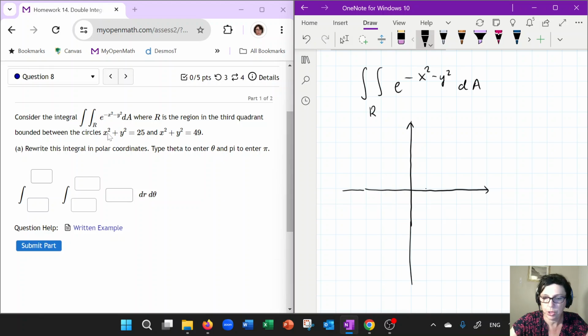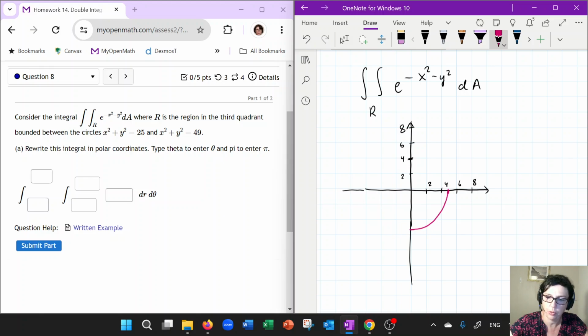Okay, so I will just use a different scale here. So how about this is 2, 4, 6, 8, and this is the same thing, 2, 4, 6, 8. So the inside circle has radius 5. Hopefully you can see that, right? Because 25 is the radius squared.